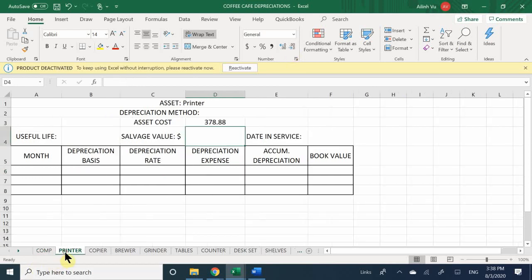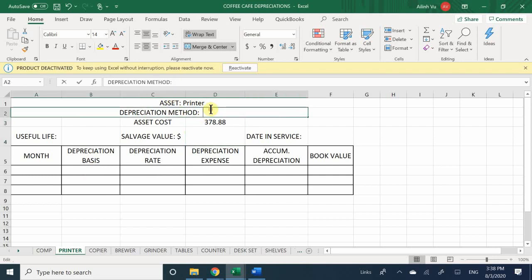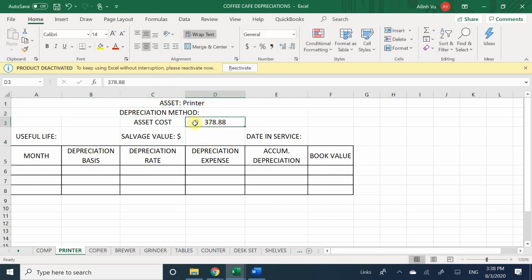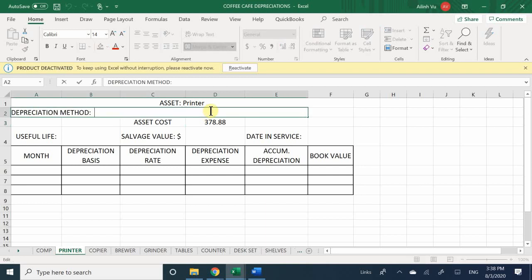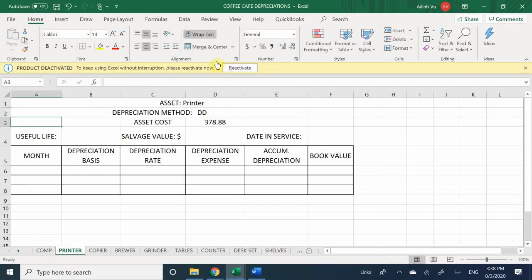Okay, same thing with the printer. We know that it's double declining, DD. We got 0 for salvage value.